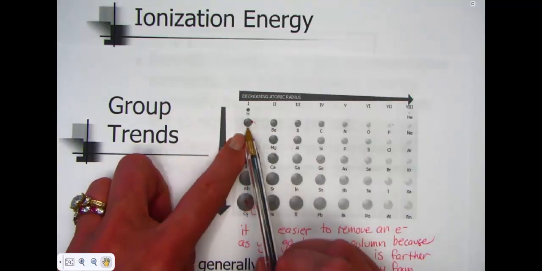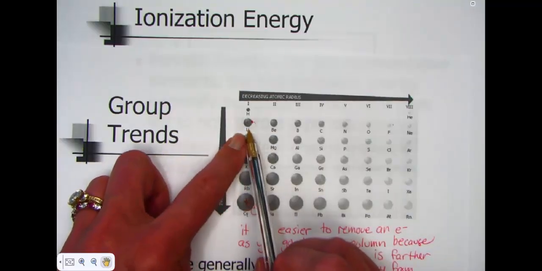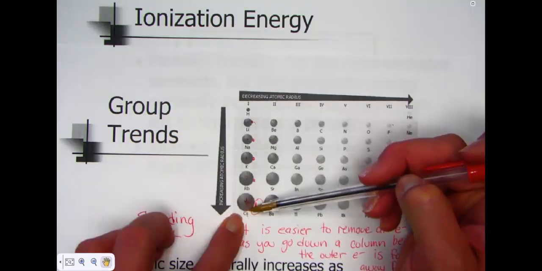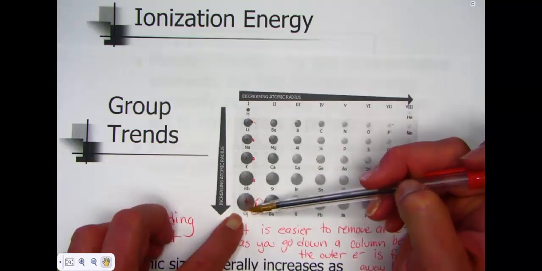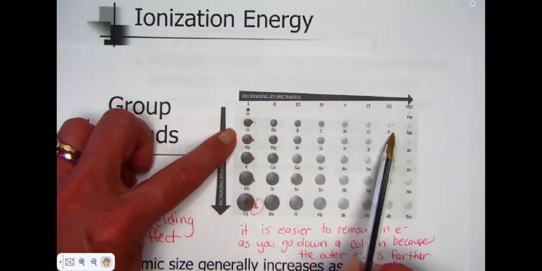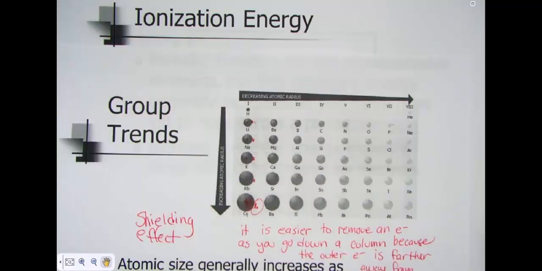Lithium very readily loses an electron, a very low ionization energy. Because atoms get bigger going down, the ionization energy decreases. Because atoms get smaller going across, they increase in ionization energy.